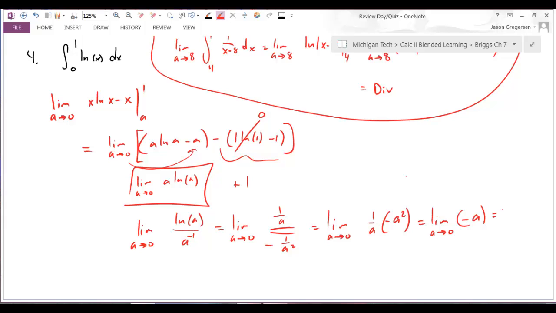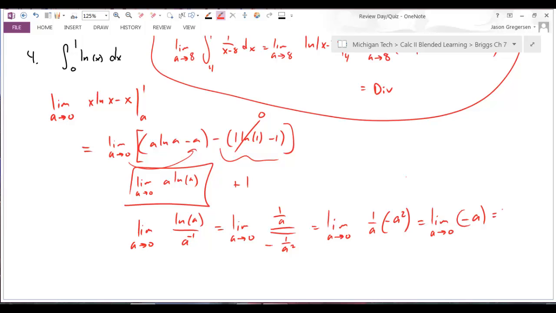What's this limit here? Yep. Let's use a values to get closer to 0. When a is 0.1, this is negative 0.1. When a is negative 0.00001, this is negative 0.00001. As a gets closer and closer to 0, a gets closer and closer to 0.